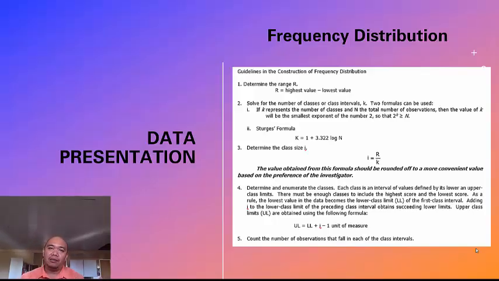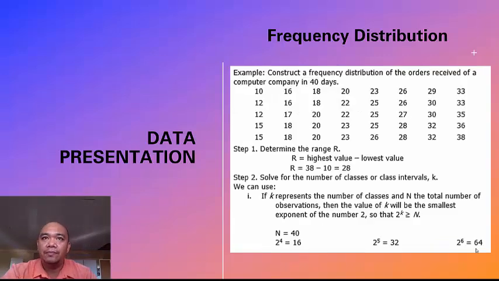And then third, determine the class size i. So i is equal to the range divided by k. And then fourth, determine and enumerate classes. And then fifth, count the number of observations that fall in each of the class intervals.